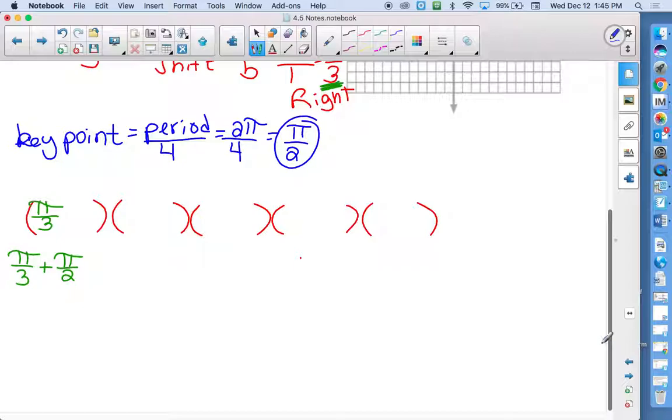Michael, what would the common denominator be? 6. So this changes to a 6, that changes to a 2. This changes to a 6 and a 3. So pi over 2 is really 3 pi over 6. Then add those two together and that gives you your second angle. So 2 plus 3 makes 5 pi over 6.